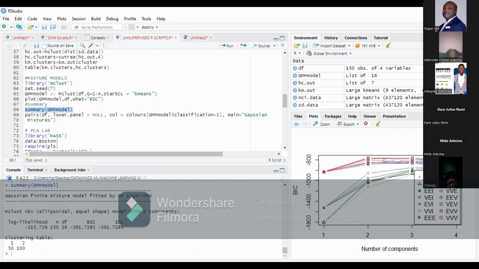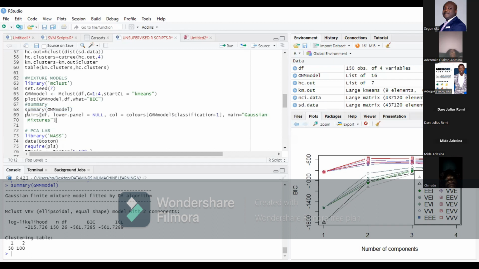In this figure, we trace the model, and that's supposed to give us, I think, VVV or something, because look at the color. It looks like VVV or EVV, either of the two. So that model, we can't be displaying the models here. It may look a bit complicated.